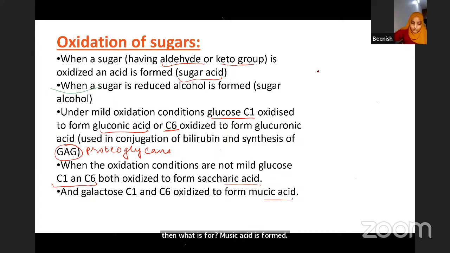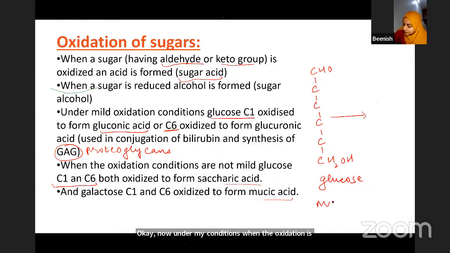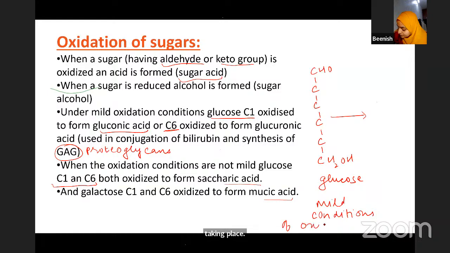So, if we take this, 1, 2, 3, 4, 5, 6. I'm not drawing all the hydroxyls and everything, but this is your glucose. Now under mild conditions of oxidation, what is happening?